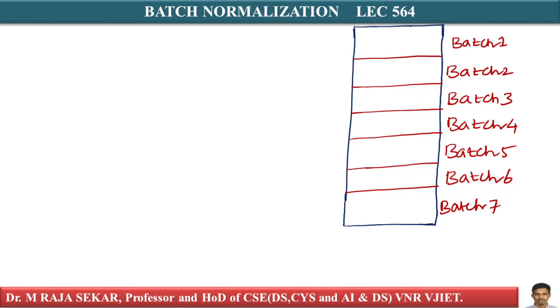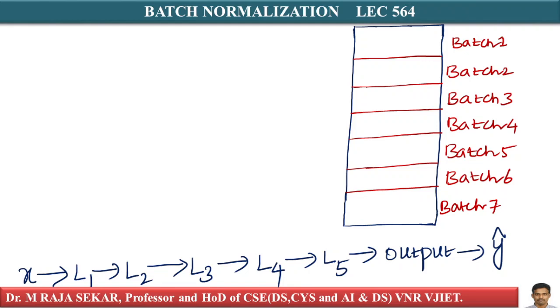If my input changes even slightly, because I have a lot of layers, L1, L2, L3 and so on, each layer is doing some multiplication, addition, and transformations. A small change in input can lead to a large change in the latter layers, especially in a deep neural network.